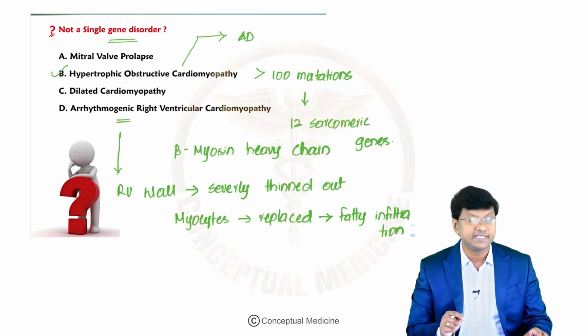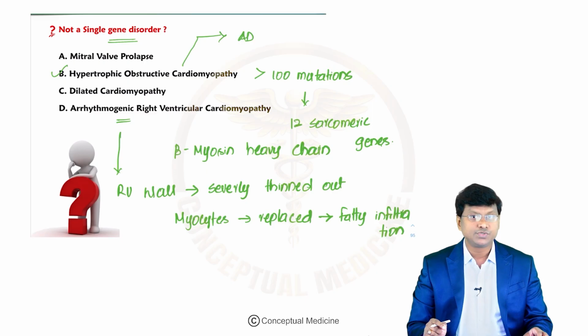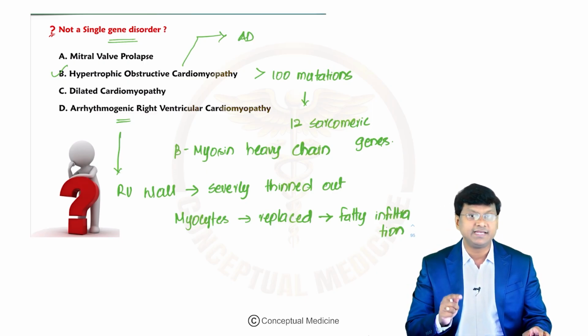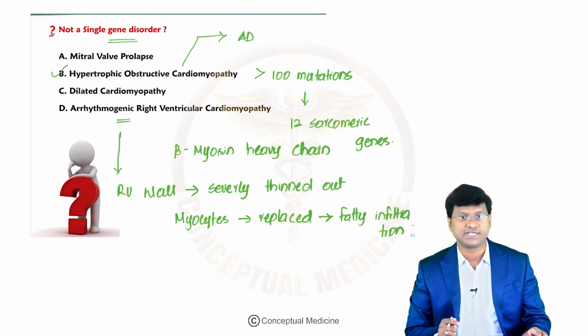That is what arrhythmogenic right ventricular dysplasia is. So there will be fatty infiltration as well as lesser amounts of fibrosis.